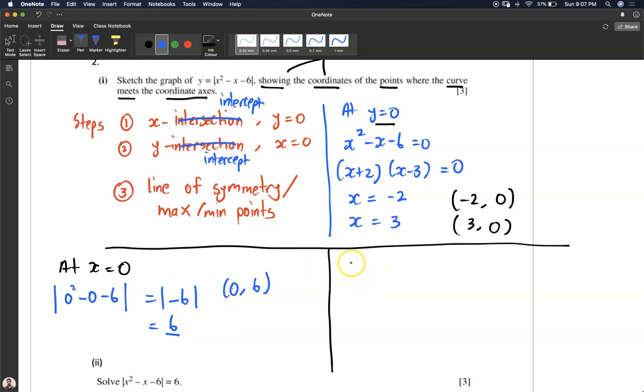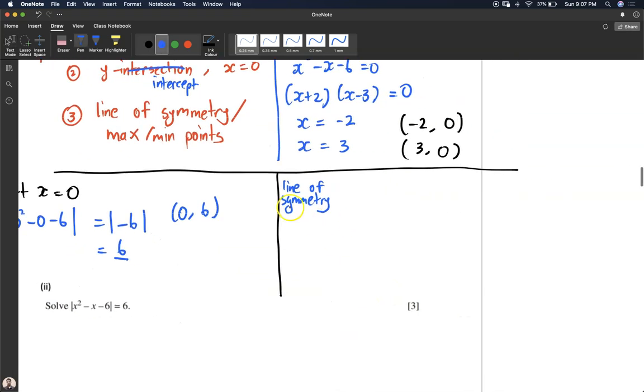Okay, the last step is trying to find the line of symmetry. Pardon my writing. In order for us to find the line of symmetry, it's quite useful if I start by putting up the values on the grid of a graph, and then I'll explain how it works.